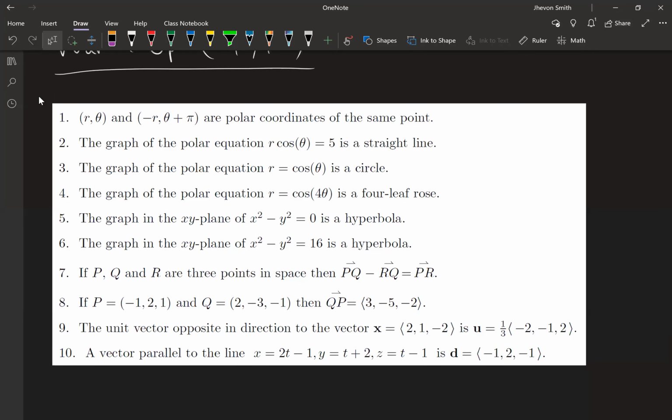R comma theta and minus R comma theta plus pi. These are polar coordinates of the same point. True or false? Go. True, according to Devin. What's your reasoning?